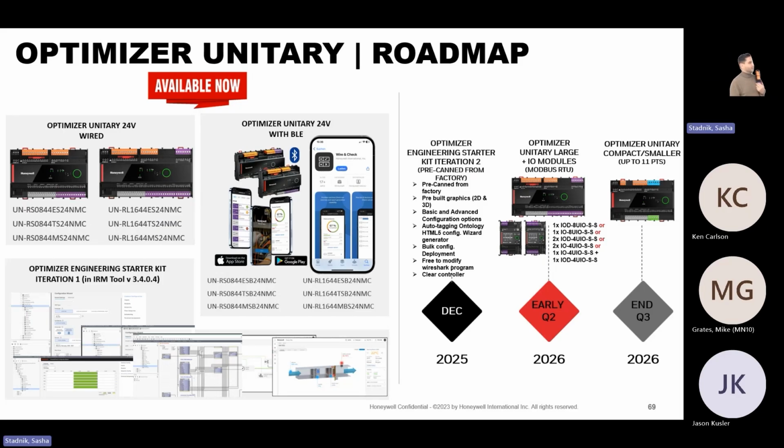So we created, and we are doing, the compact unitary controller. The compact unitary controller is the size of probably here. It's really compact. And it will have, we're still indecisive, but highly likely to have UIOs, universal inputs and universal outputs. Okay? Up to 12 points of control.